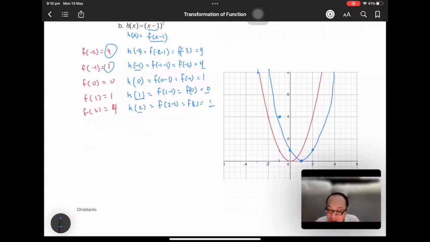You can see that all the coordinates are shifted to the right by 1 unit. So h(x) = f(x - 1) is a horizontal translation by (1, 0) to the right.